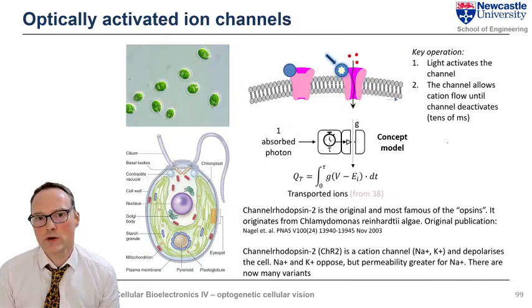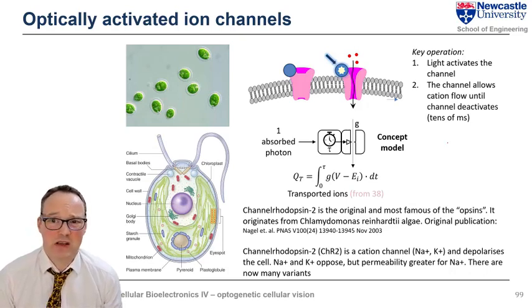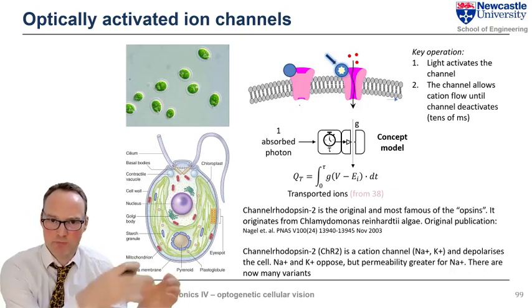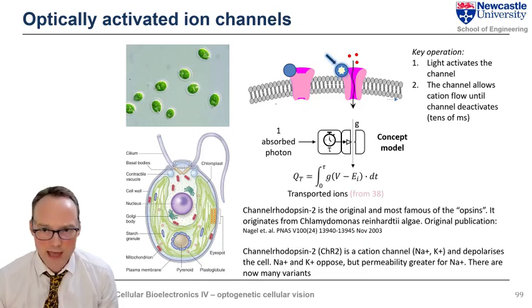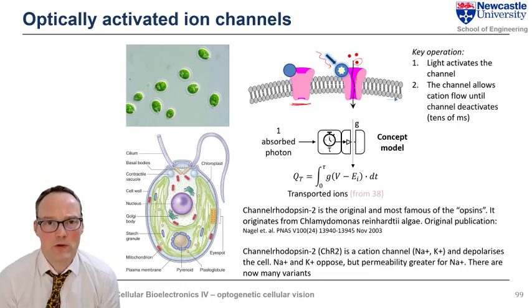If we move to plant type channels, then you get something which looks much simpler than the G protein cascade that I've described before. You end up with these very simple channels, channelrhodopsins, where effectively the opsin is integrated into the channel, and when light comes in, the channel opens up, and then you get your standard ions flowing through as before.